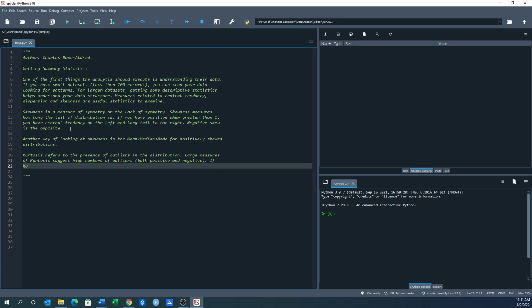If kurtosis is positive, the values tend to be clustered around the mean, median, and mode. Negative kurtosis describes a flat distribution.